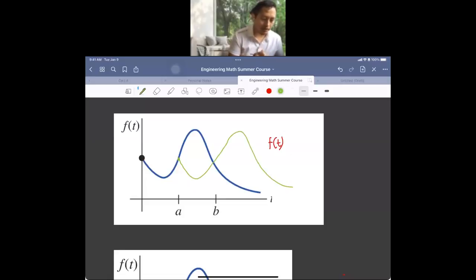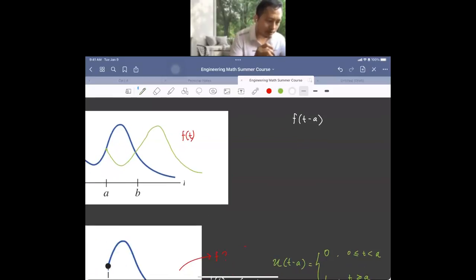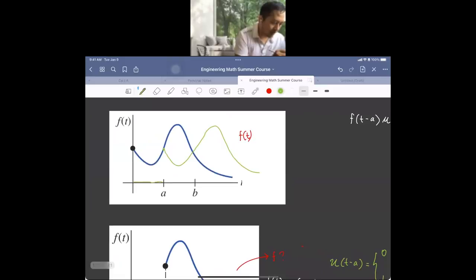And we can also combine this with the Heaviside. For example, we combine this with the t minus a, which means that this is going to be 0 here.